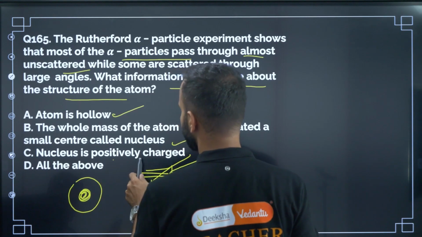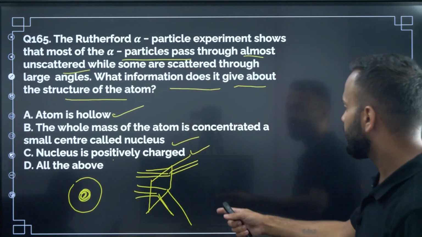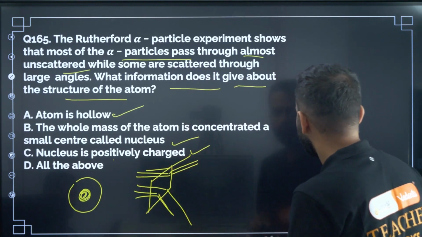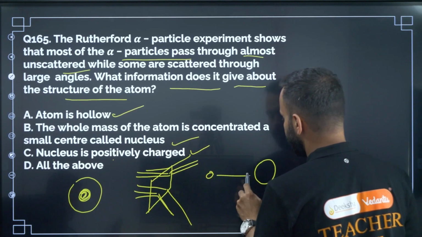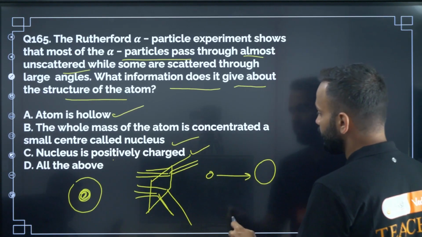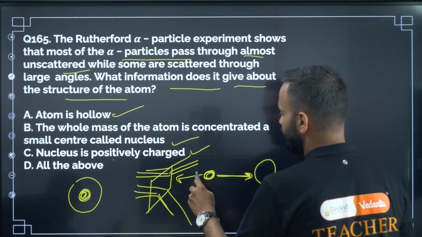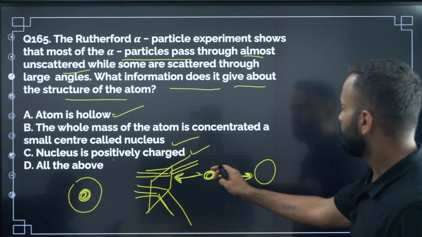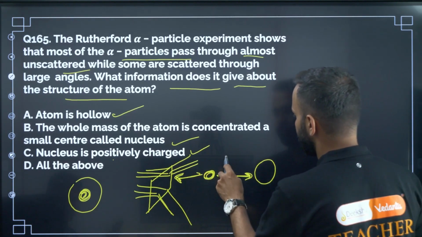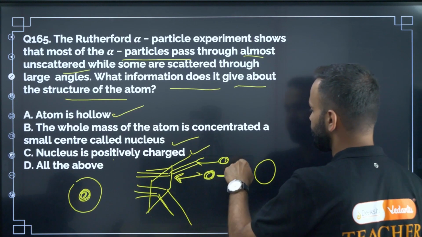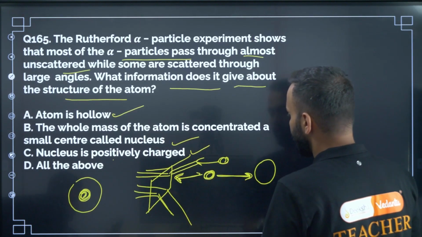The third option, the nucleus is positively charged, is also correct. How did he conclude this? Because some alpha particles were scattered back at 180 degrees, exactly retracing their path.